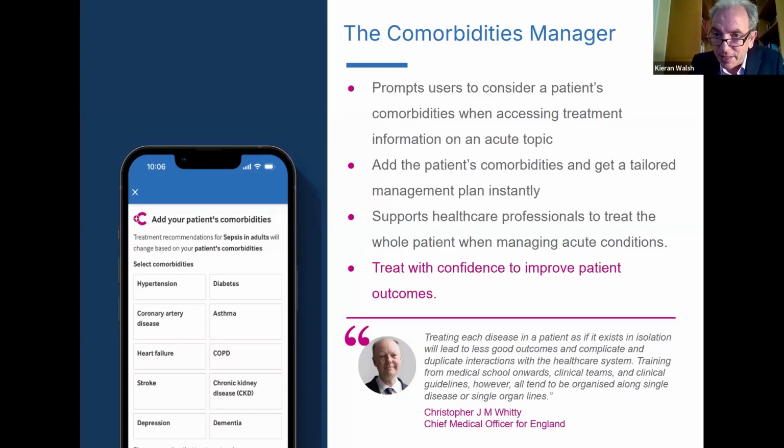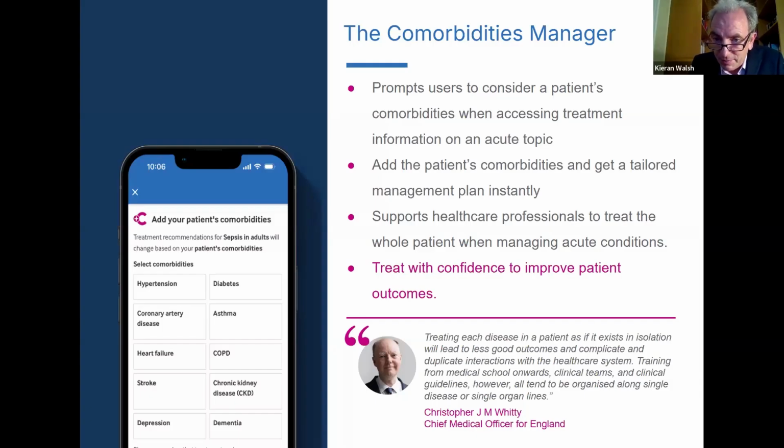You look up the patient's main acute condition, then you add the patient's comorbidities, and you get a management plan tailored or personalized to the patient's unique circumstances. This resource helps to support healthcare professionals in treating the whole patient and thus delivering holistic care.